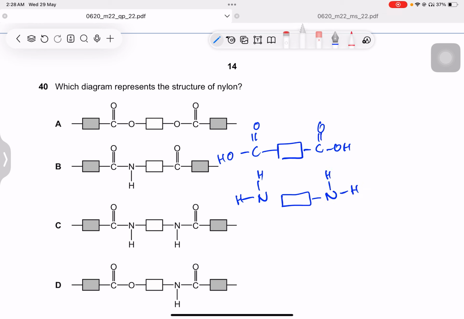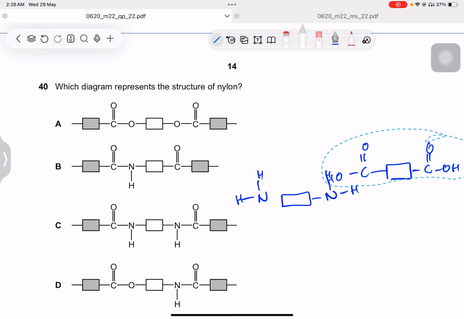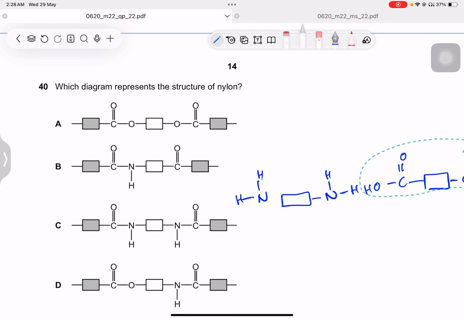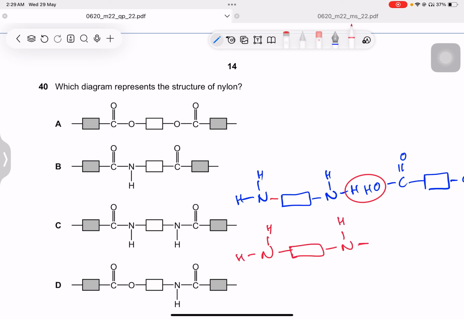When these two join, there is condensation. What happens is that the OH from the acid and the H from the NH2 go away, and this is the new product. So this is the amide linkage, and this will continue. So this is what you're looking for.